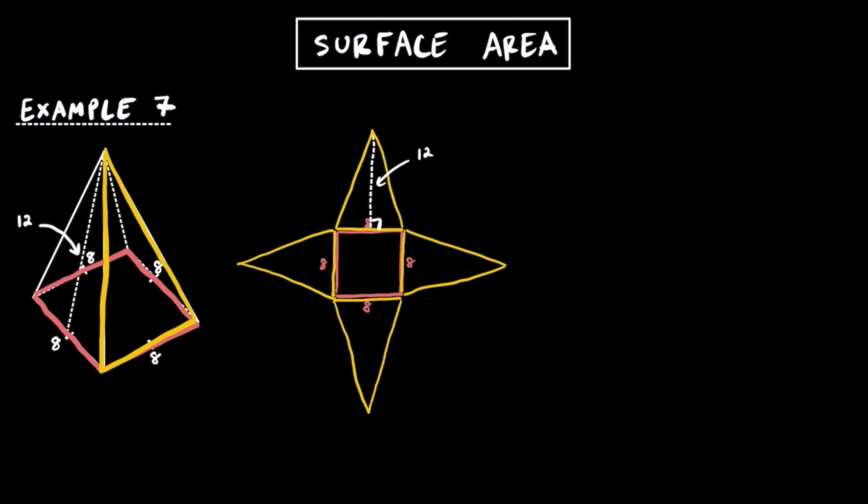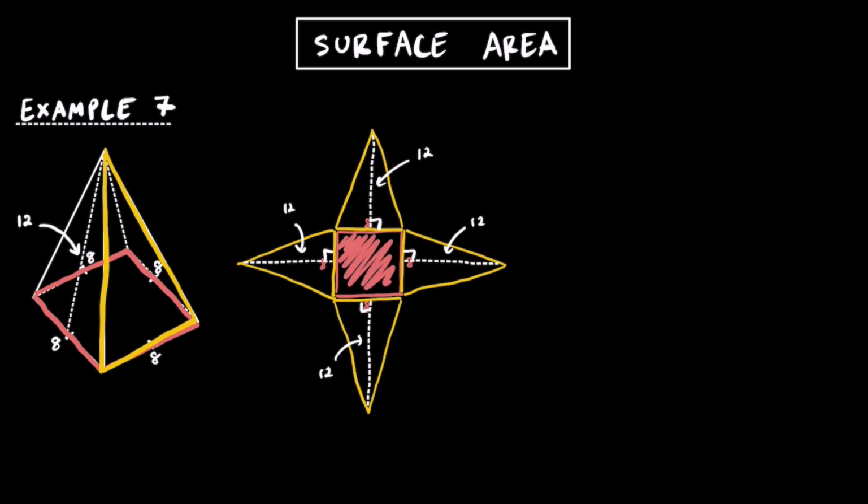Okay, so there we go. And each of these has the same height here, so we go ahead and label those. Don't worry about the accuracy too much, as long as you can tell where everything is. This height is going to be 12 over here. This one is also going to be 12, and this final one is also going to be 12. Okay, so we have 4 of the same triangles, so that should make our lives a little bit easier.